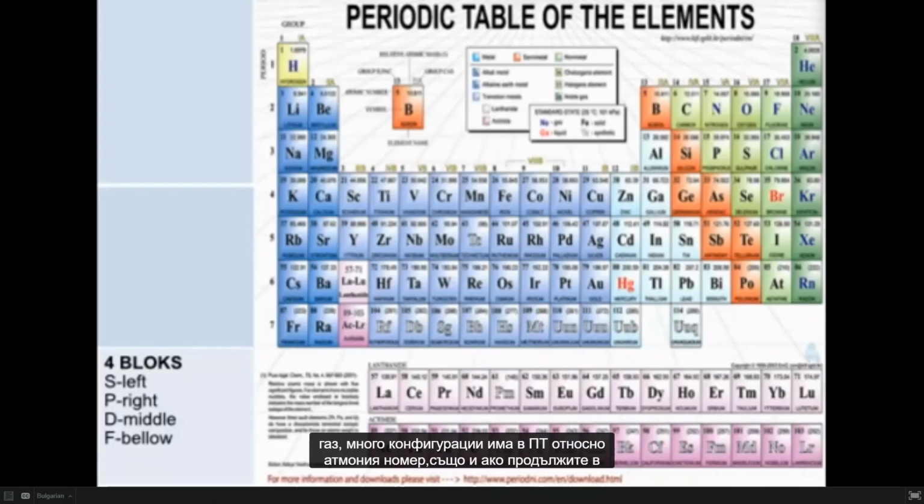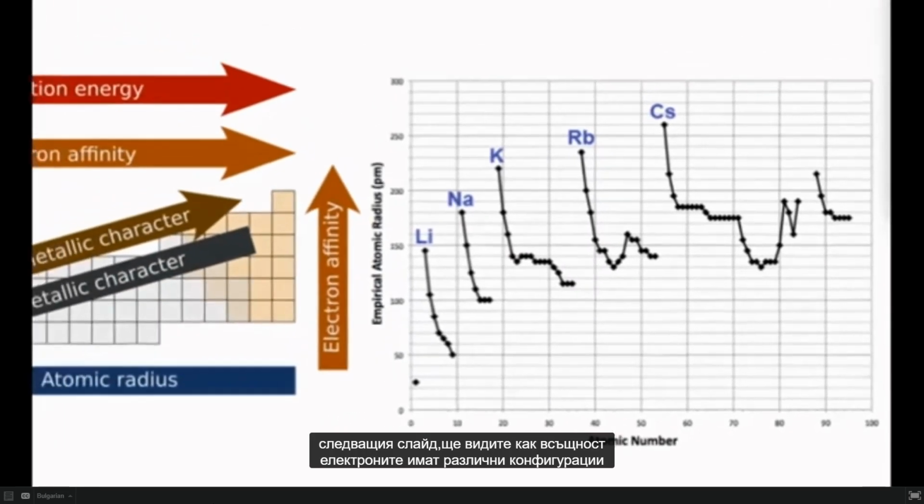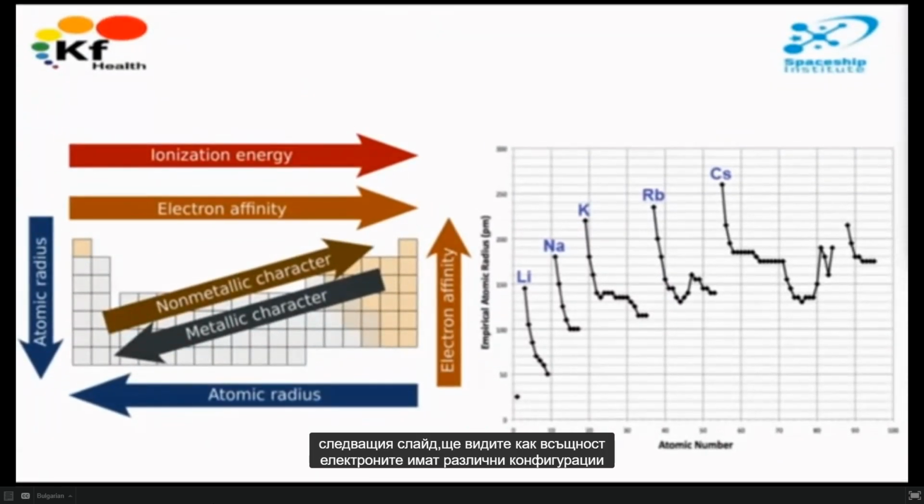Also, if you go ahead to the next slide, you are able to see how electrons have different configurations in the periodic table, and depending on them, different kinds of elements have different atomic radius.